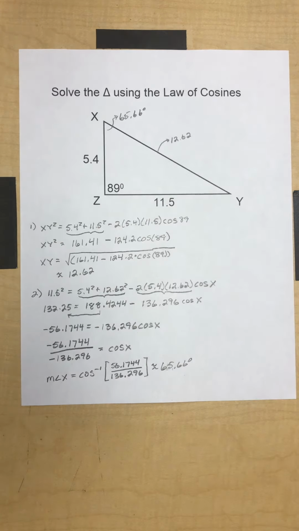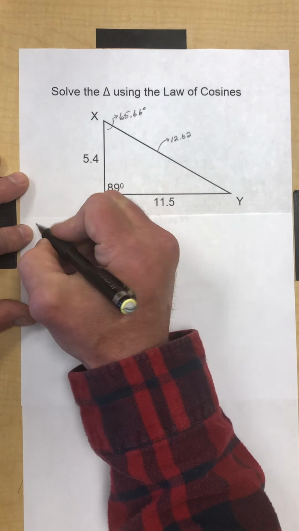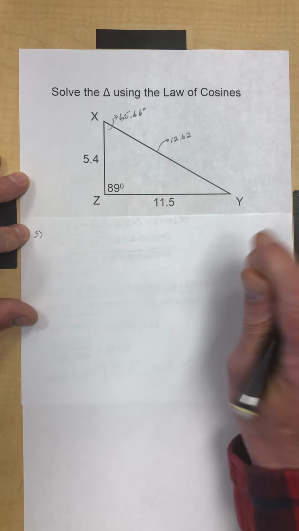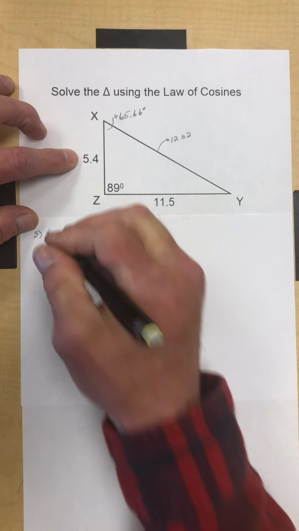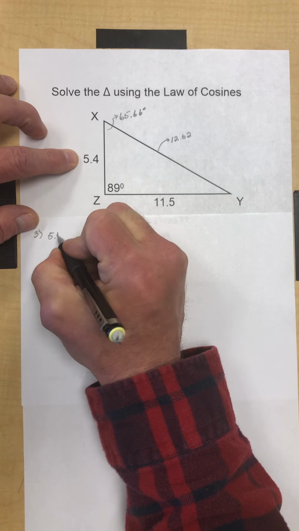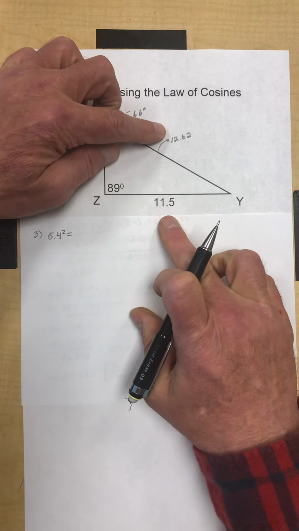Okay, so I'm going to use the law of cosines to find the measure of angle y. So that'll be our third part. I'm finding the measure of angle y, so I have to start with the side opposite, this 5.4. So I say 5.4 squared equals the sum of the squares of the other two sides.